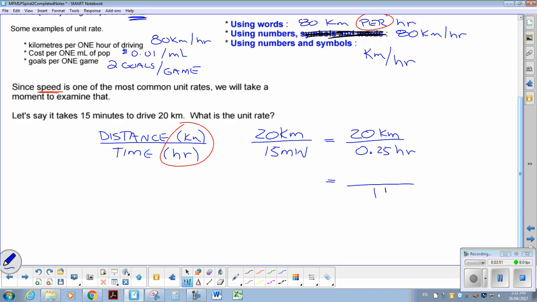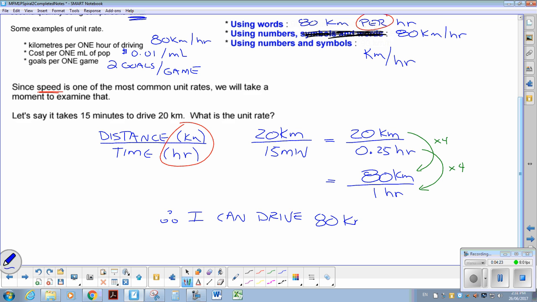What is the ratio to get from 0.25 to 1 hour? 4 quarters would give me a whole. If I multiply by 4, I get 80 kilometers in 1 hour. That'll get you to probably London from where we are. So that is what a unit rate is.